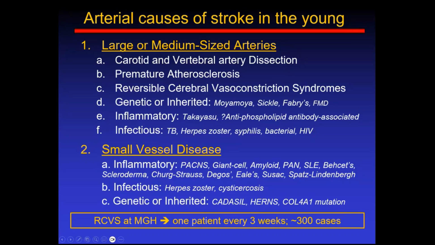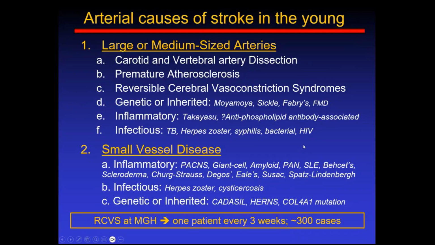Intracranial premature atherosclerosis in the young is very common now. RCVS, in my personal experience, is the third most prevalent. And then you get into rarer arteriopathies such as moyamoya, sickle cell, Fabry's, fibromuscular dysplasia, Takayasu, and rarely, I think, antiphospholipid antibody-mediated MCA stenosis.